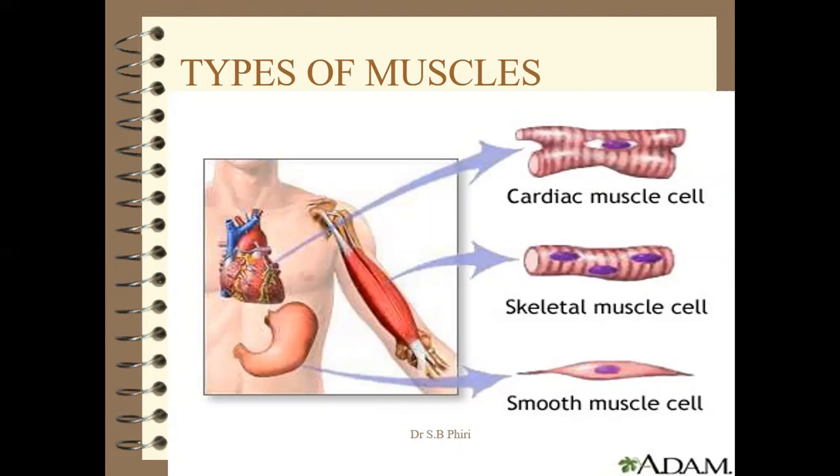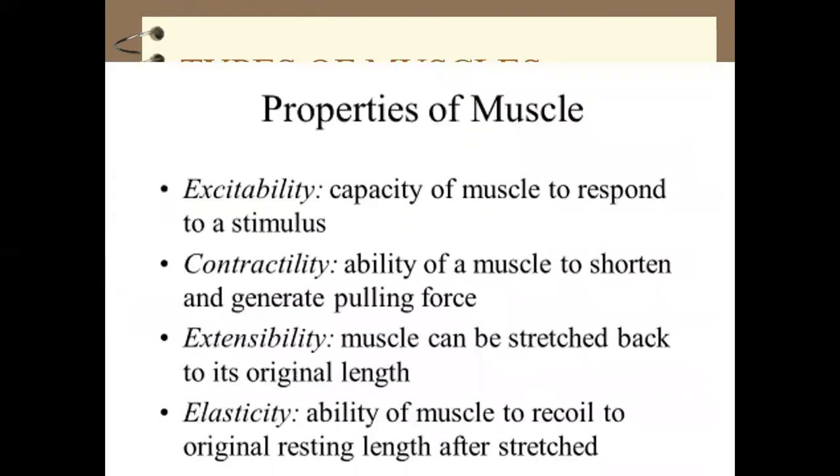They are arranged in a particular manner, with thin filaments and thick filaments, to form a sarcomere. Those sarcomeres give the striated appearance to the muscle, as opposed to smooth muscle cells. They don't contain sarcomeres, so under the microscope the muscle just appears smooth, hence the name smooth muscle.